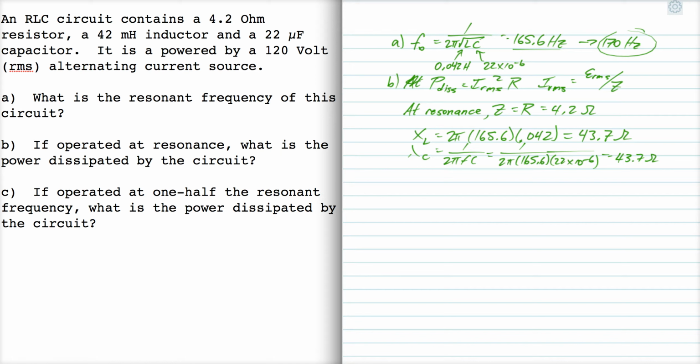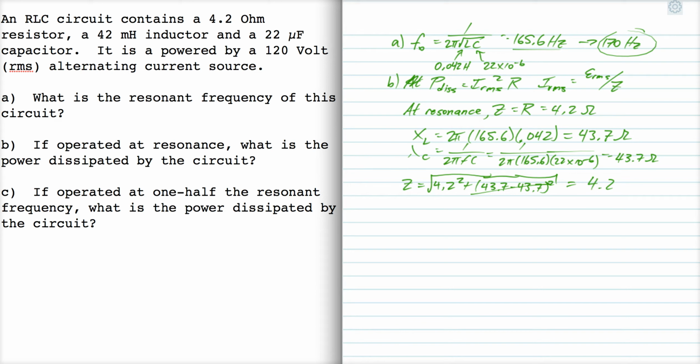Okay, since they're equal to each other, we get Z is equal to the square root of 4.2 squared plus the difference between X sub L and X sub C, which is 43.7 minus 43.7. So that's 0, and Z is just 4.2.